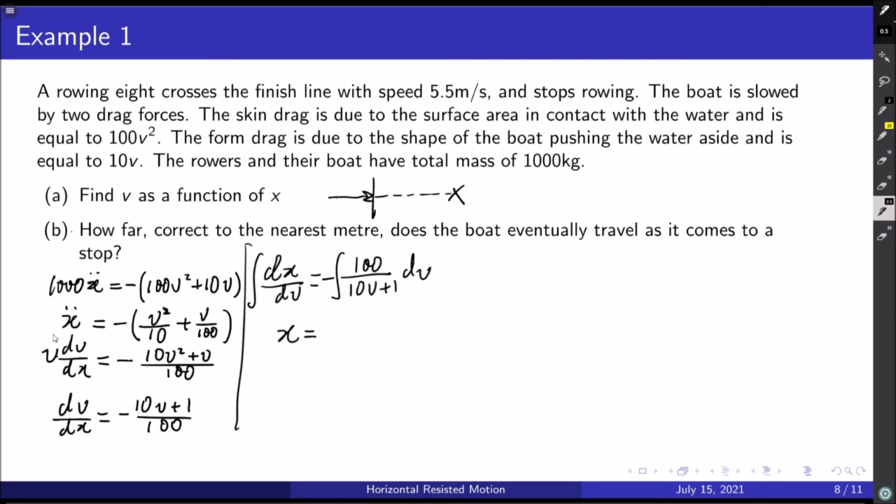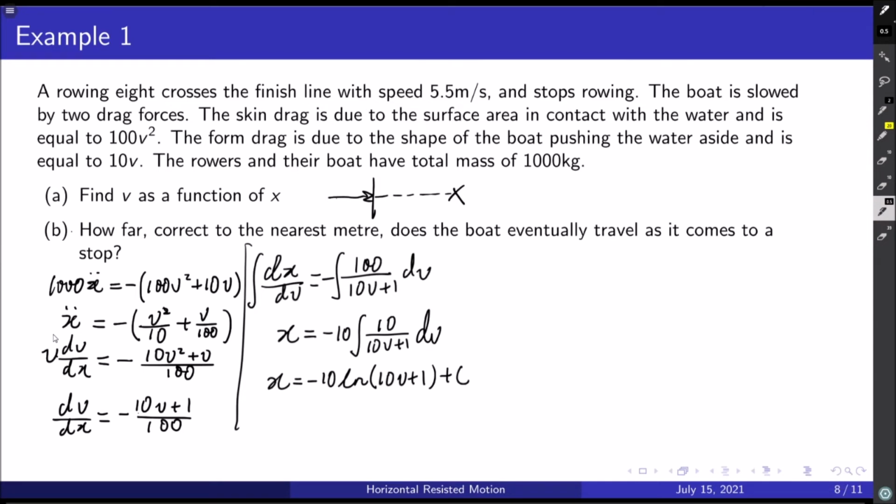What we need to do is pull 10 out, and then we have 10v plus 1. You have the derivative of the bottom on top, which means x equals negative 10 log (10v plus 1) plus c.